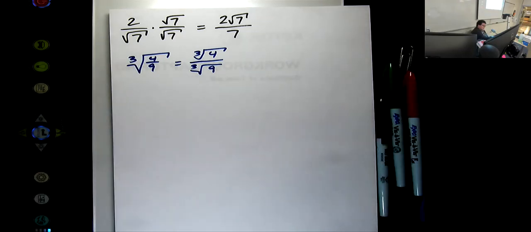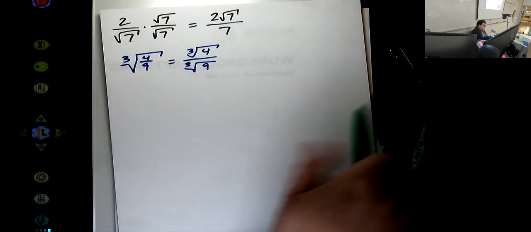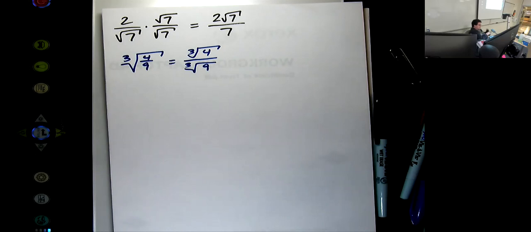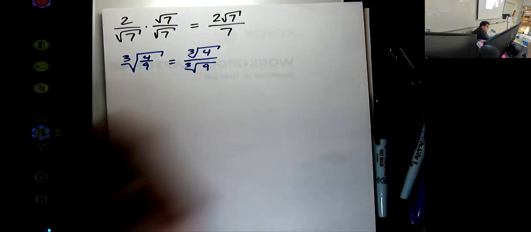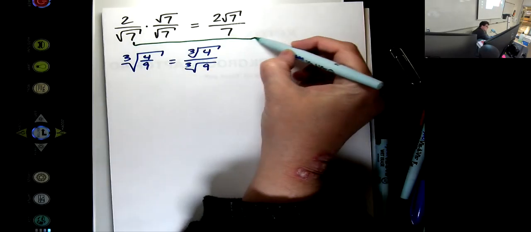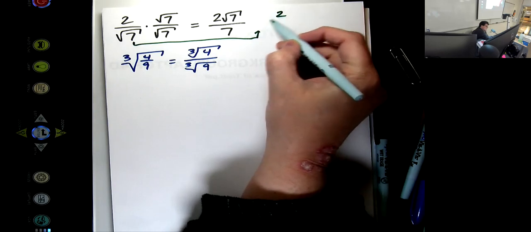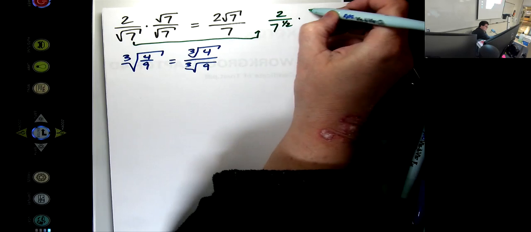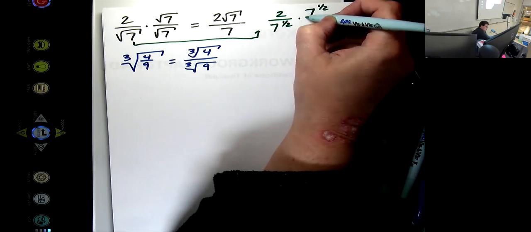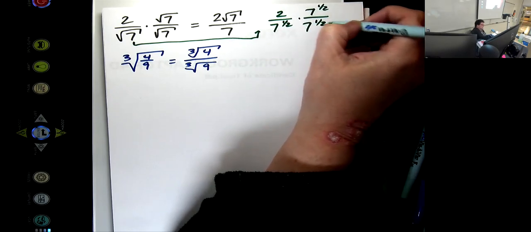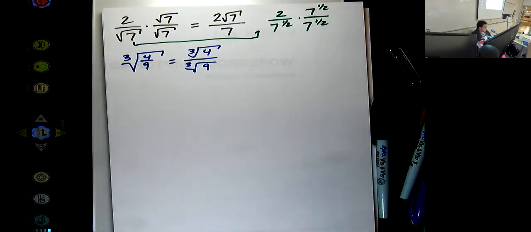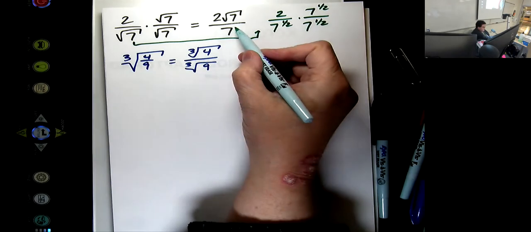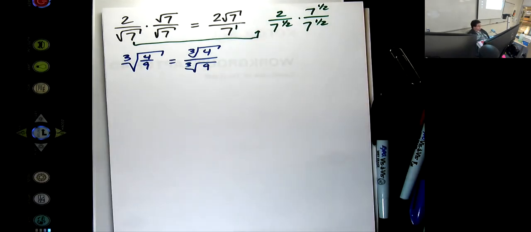And now, before I show you that next step, I'm going to kind of show you the top way of looking at this, 2 over root 7. This is the same thing as 2 over 7 to the 1/2. And we ended up multiplying by 7 to the 1/2 over 7 to the 1/2. And we ended up with 2 root 7 over 7.